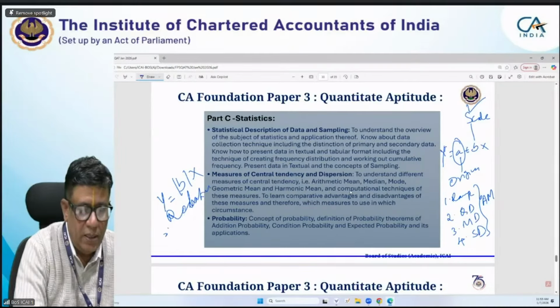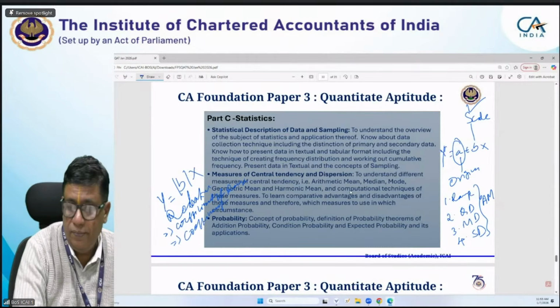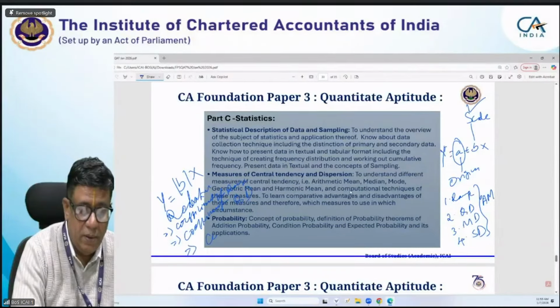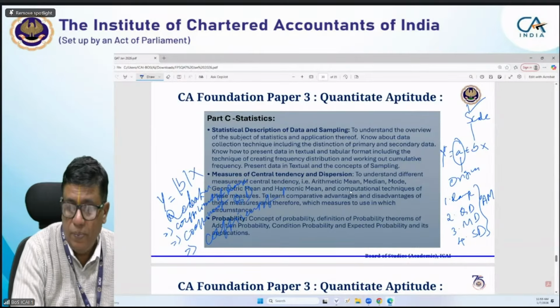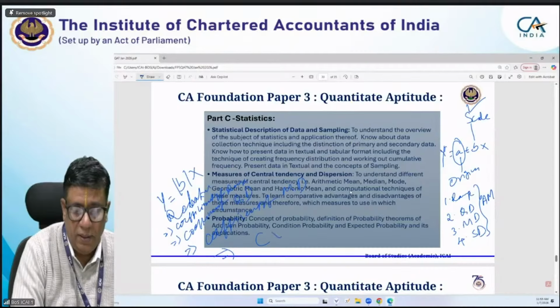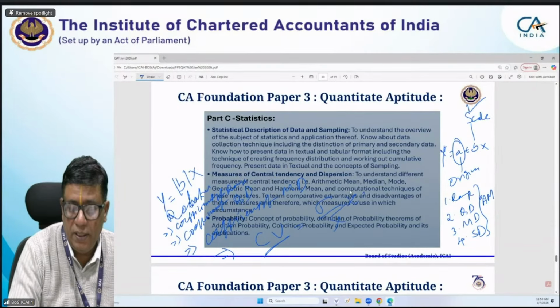One is the coefficient of range, next the coefficient of QD, next the coefficient of mean deviation, and the last one is the CV, coefficient of variation, whose formula is sigma by x bar into 100.